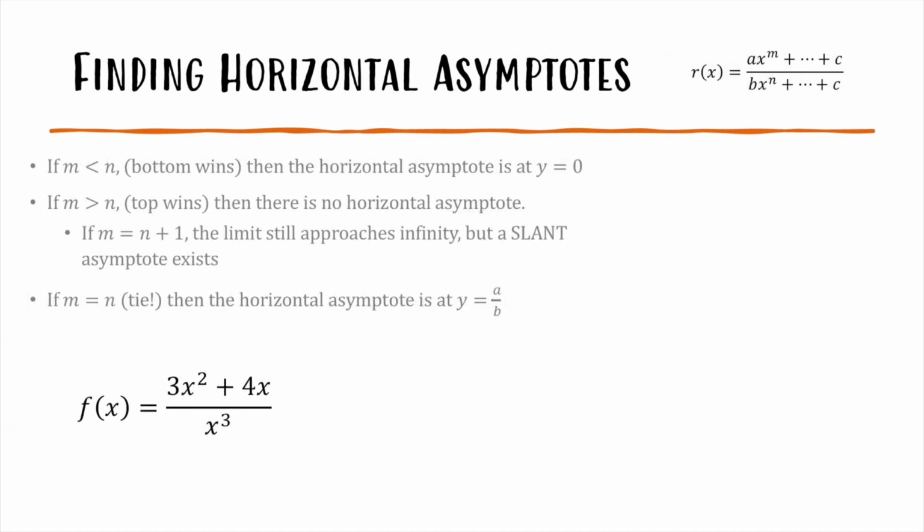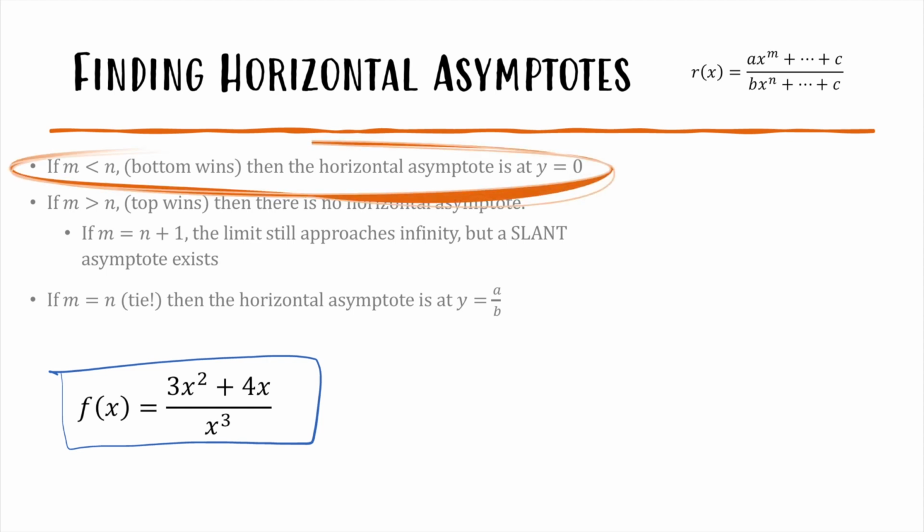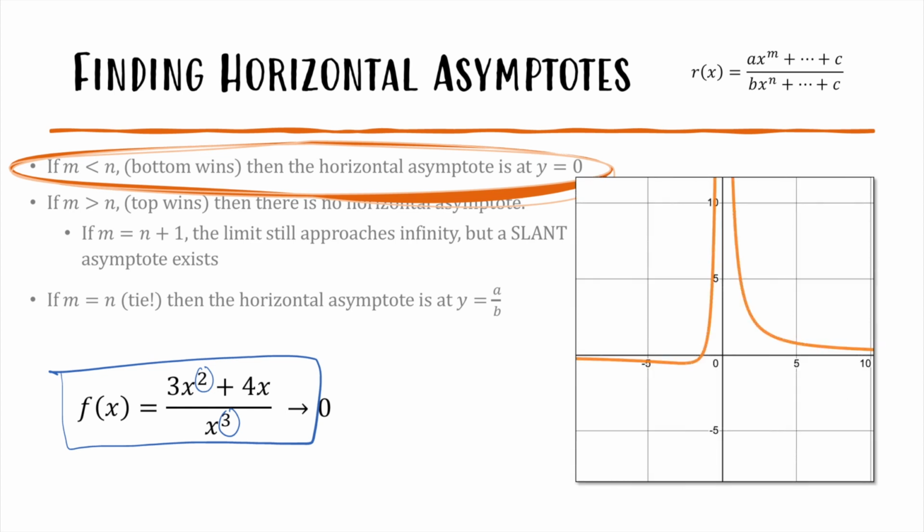So if we practice these, we've got a rational function. The end behavior of this, as x is going to infinity, what's happening to the graph? Well, in this case, 3 is bigger than 2. The bottom is bigger, so this graph is going to go to 0. There it goes. There's our horizontal asymptote at 0.